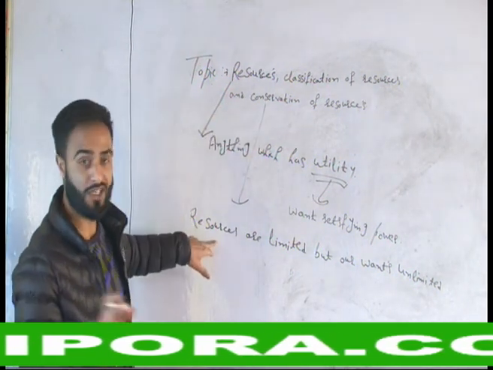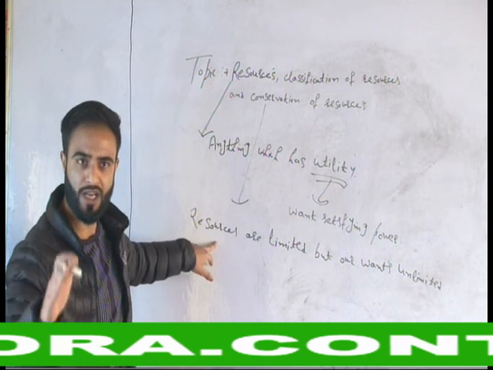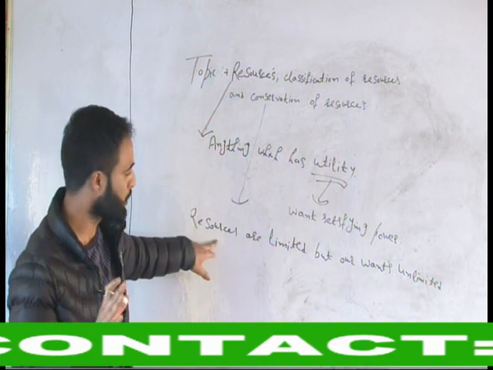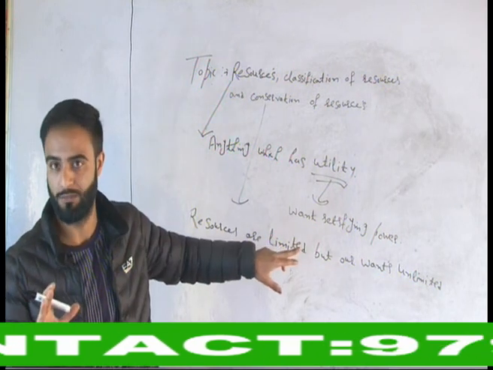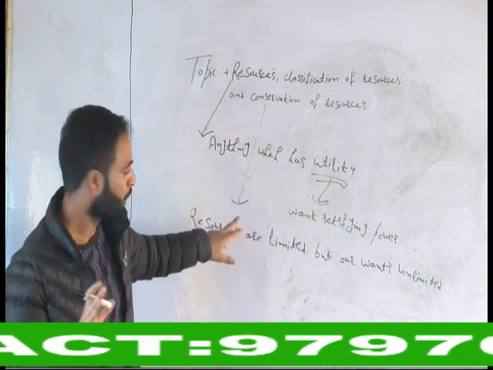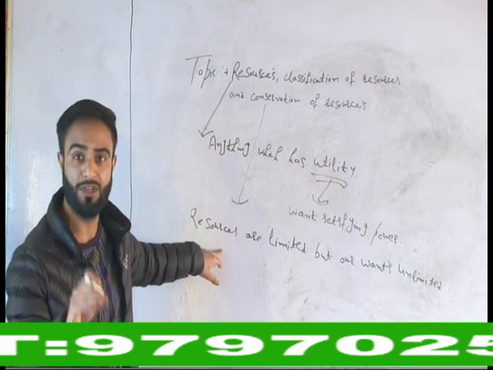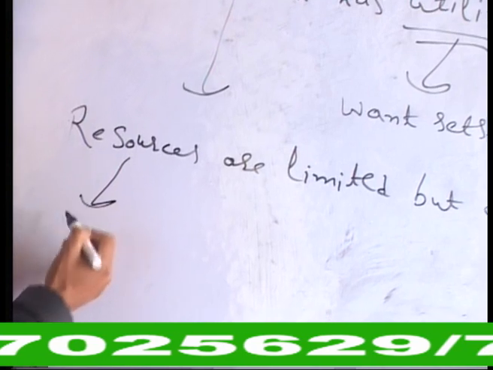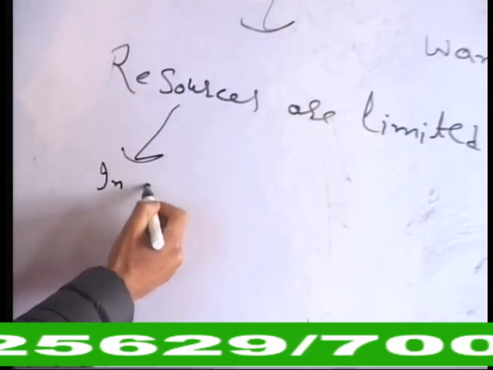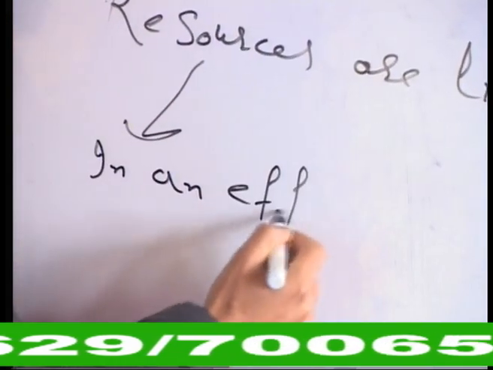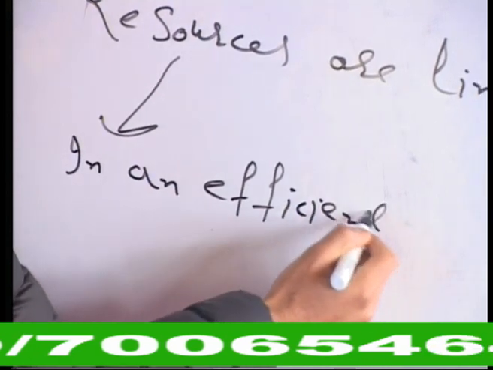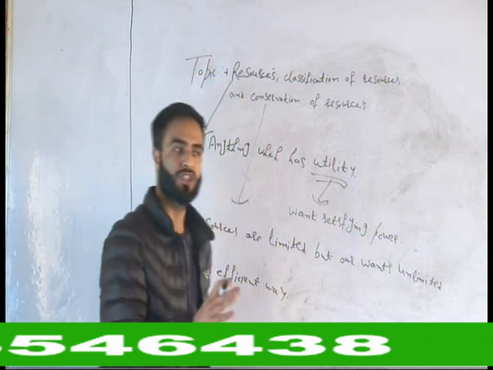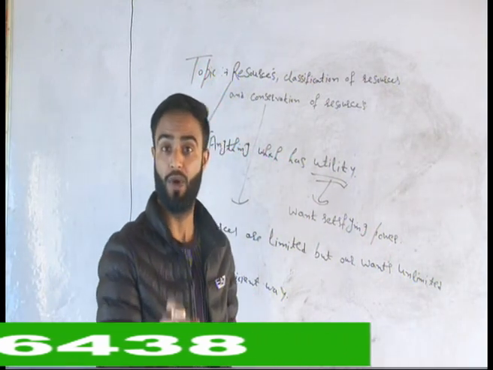There is always a war from the beginning between resources and wants. Resources are limited, wants are unlimited. So what does conservation mean? We have to use these limited resources in an efficient way. Not in a good way, in an efficient way. What does efficient way mean? To use these resources to fulfill our present need.